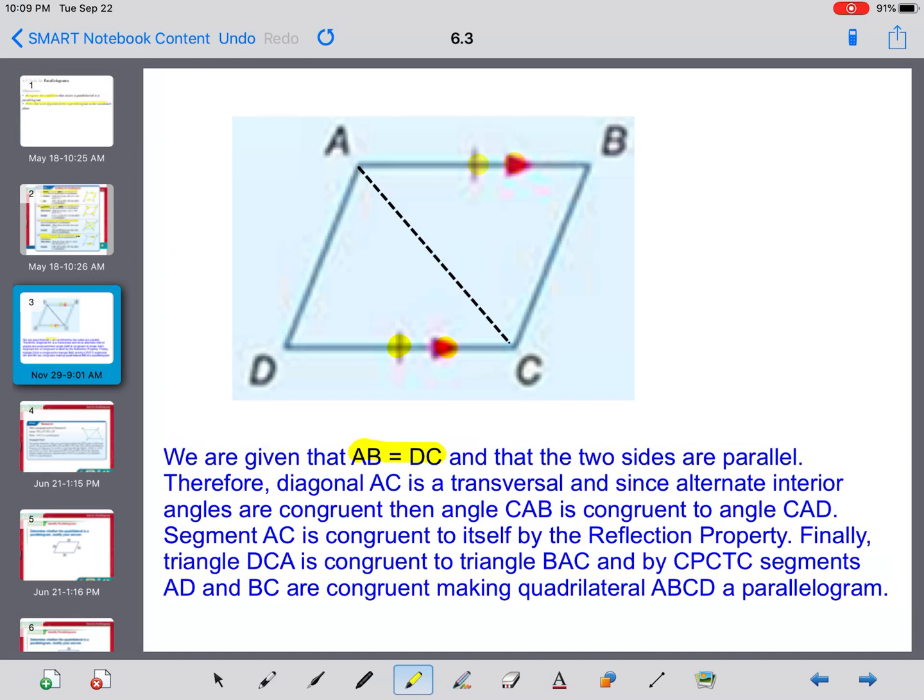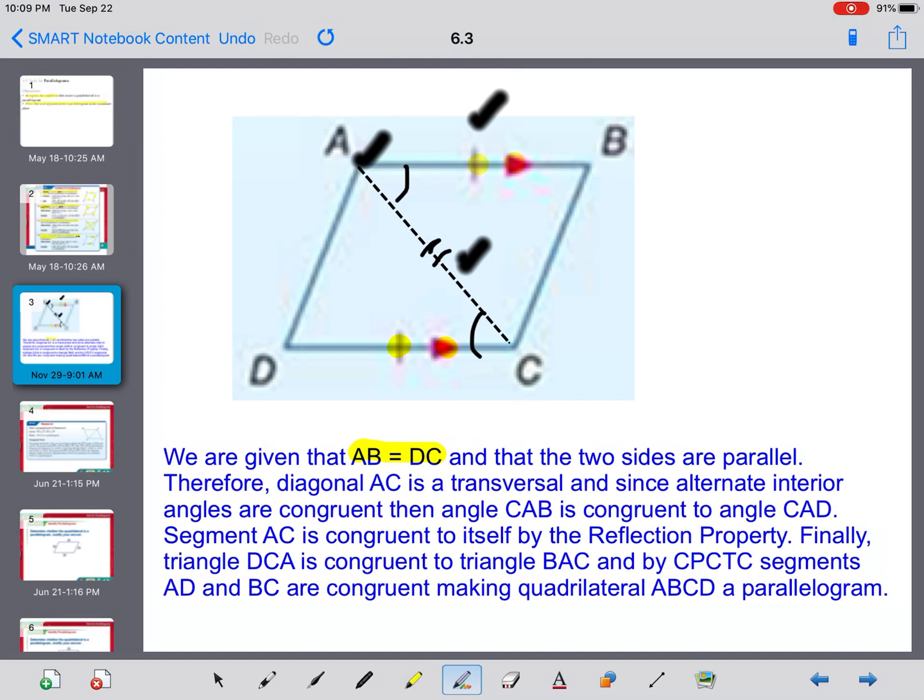That's what I just said, and the two sides are parallel. Therefore, the diagonal AC is a transversal. And since alternate interior angles are congruent, and since this is congruent to itself, then by side, angle, side, the two triangles are congruent.